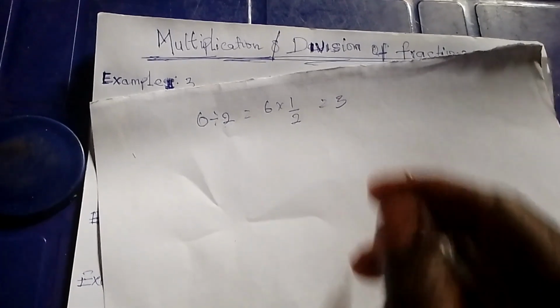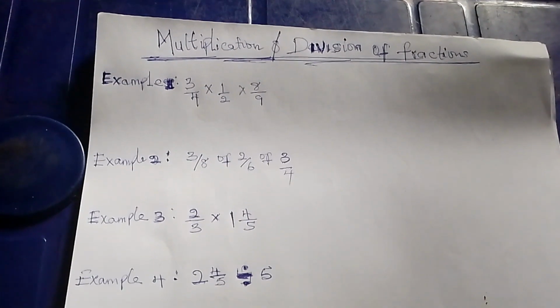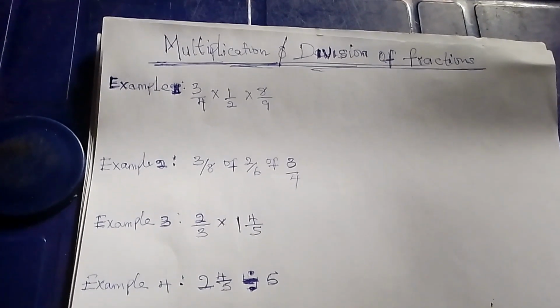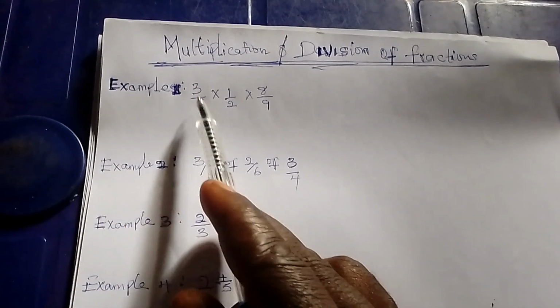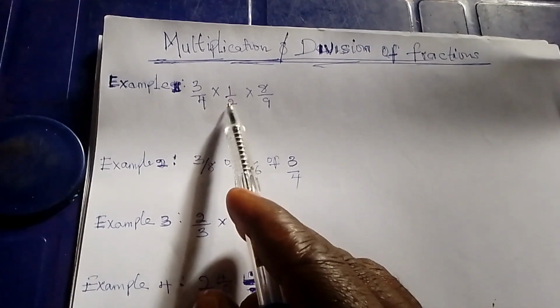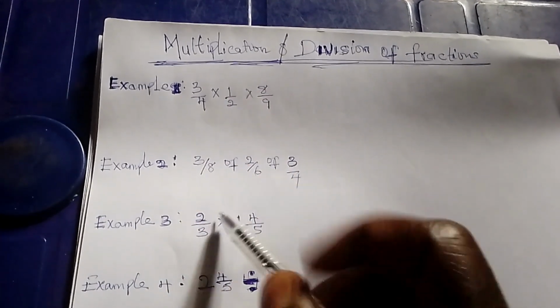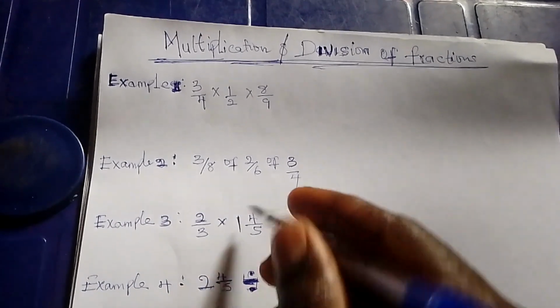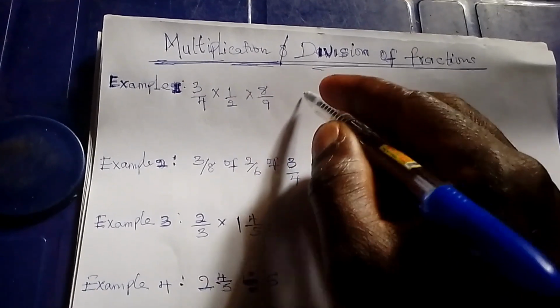Now, with this explanation, let's consider the example given to us. Example number 1. It says 3 all over 4 multiplied by 1 all over 2 multiplied by 8 all over 9. So, solution. How do you start?